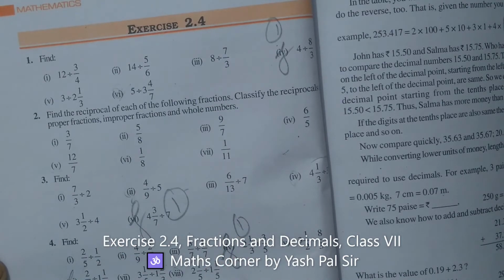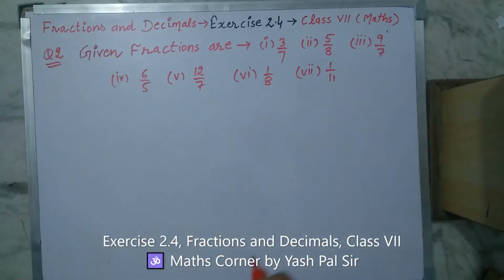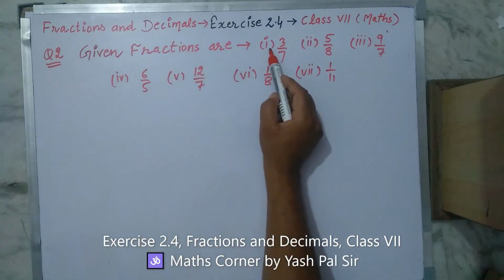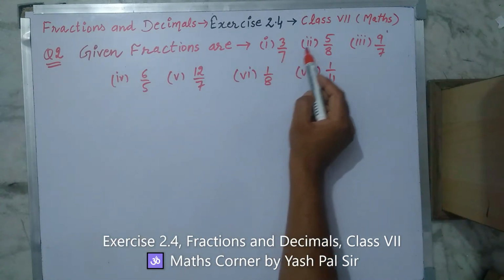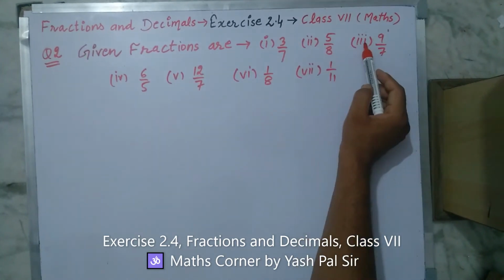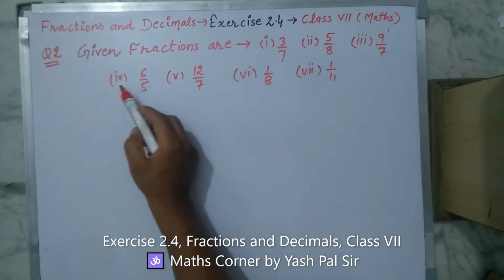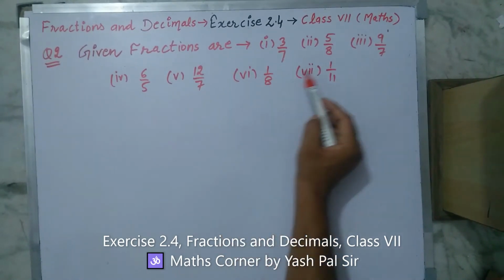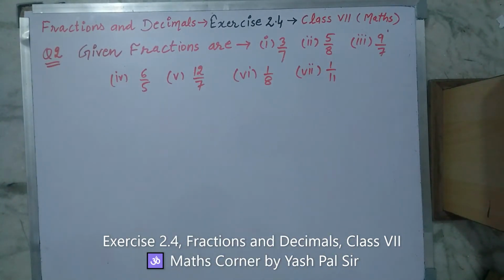So how to find the reciprocal? The given fractions are number 1, 3 upon 7, number 2, 5 upon 8, number 3, 9 upon 7, 6 upon 5, 12 upon 7, 1 upon 8, 1 upon 11.